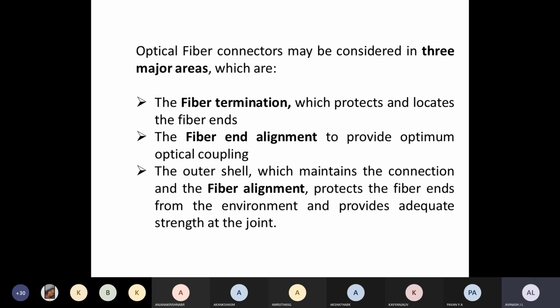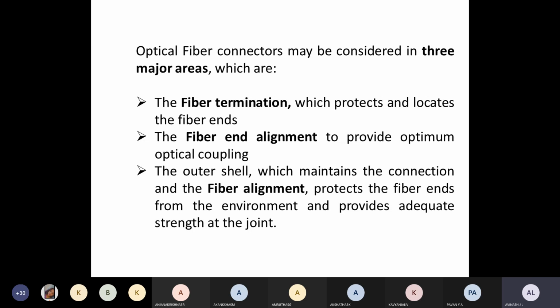If you don't end the main line properly, the power will flow out of the main cable and we are going to lose the energy. That is why we need to terminate the fiber ends properly.